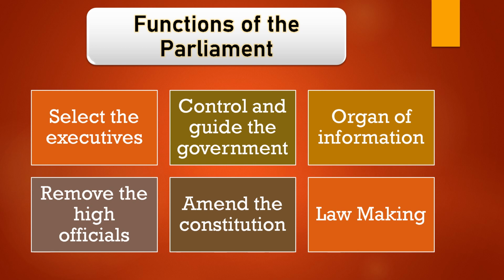So, the Prime Minister and his ministers are responsible to the Parliament for their work. So, in this way, they control and guide the government. Next is organ of information. Through questions, MPs provide information to the people about the working of the government. The government also knows the opinion of the people through their representatives in the parliament.